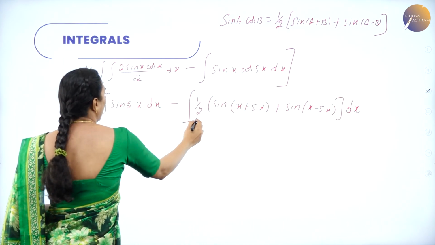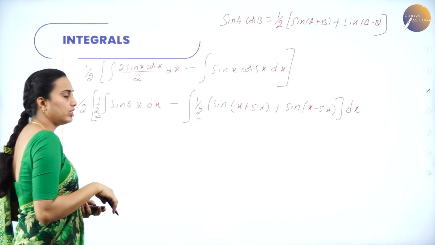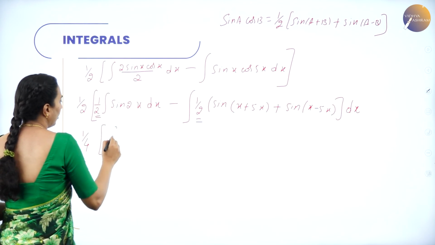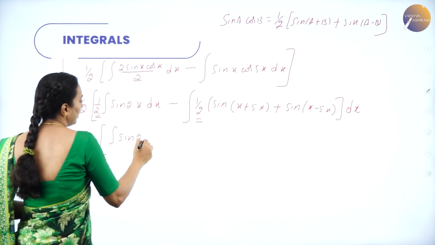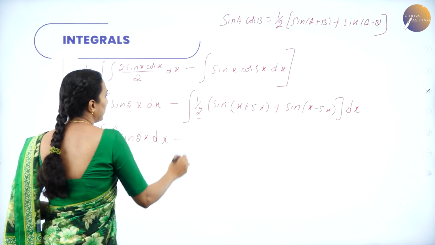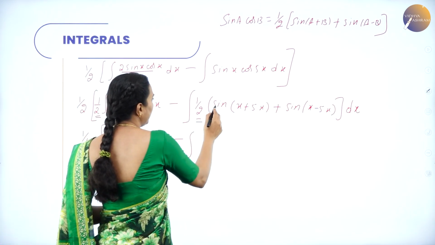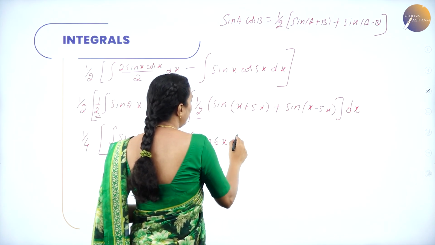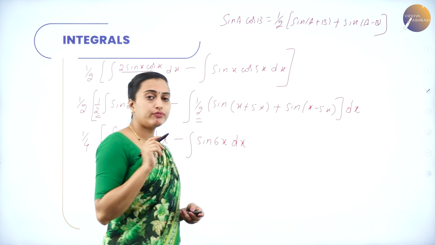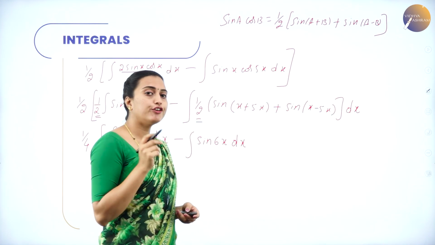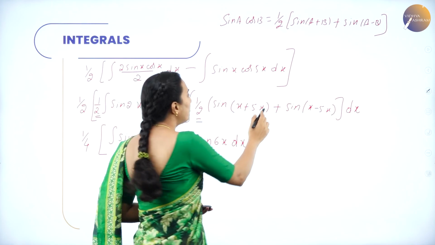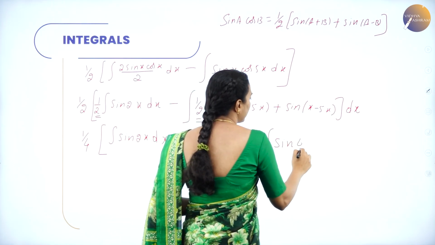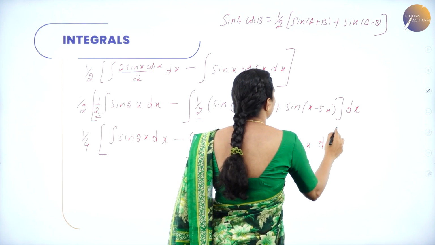Therefore, now here half can be taken outside the integral, 1 by 2 into 1 by 2 will become 1 by 4. So integral of sin 2x into dx minus here integral of, separating, sin x plus 5x as sin 6x into dx. Again x minus 5x is minus 4x, but sin of minus theta is minus sin theta, plus into minus will become minus sin of 4x into dx.